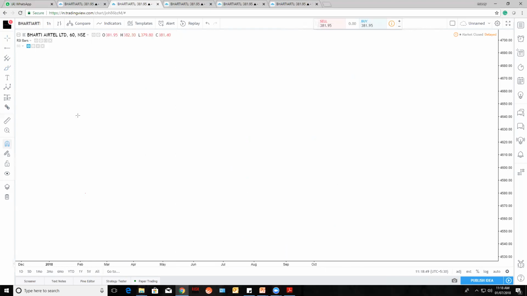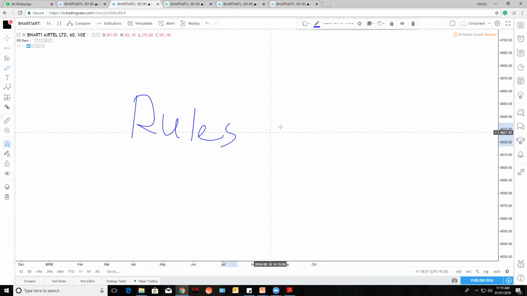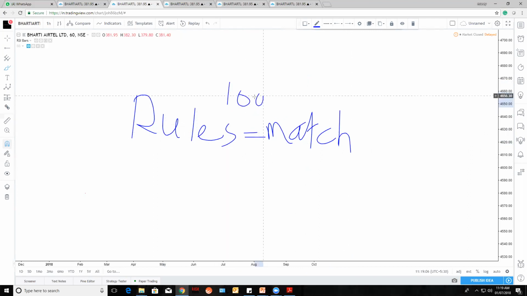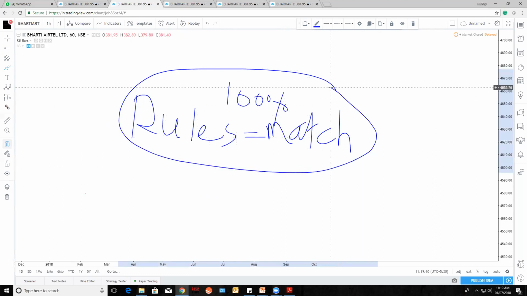Now we came to know about the rules. The rules should match 100% to say it is an impulse, and there are guidelines.